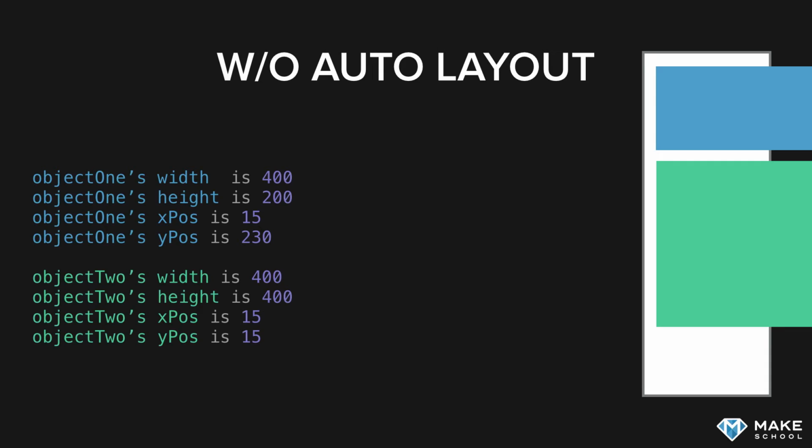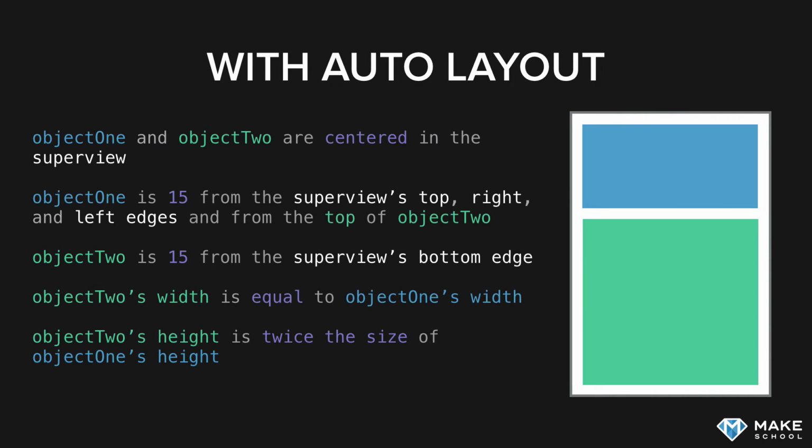So let's go back to the original layout that we had, but this time, let's see how to set it up with auto layout. So the screen is the same, but now the ways that we define it are different. Now, of course, it wouldn't look like this in code. This is just how we can say out loud what the rules are that we're following. So Object 1 and Object 2 are both centered in the super view, with the super view being the white full-size screen of the device.